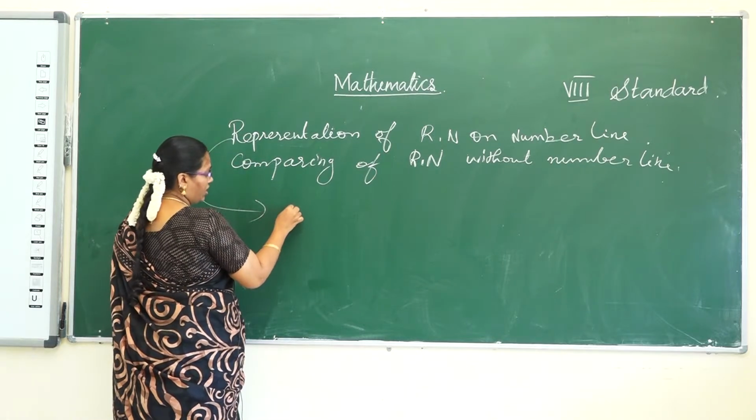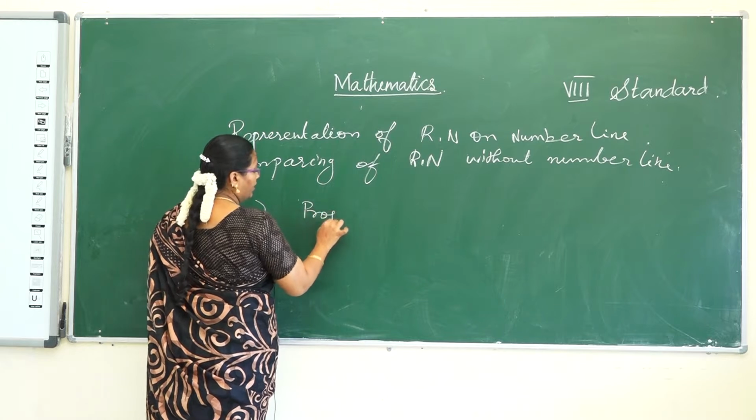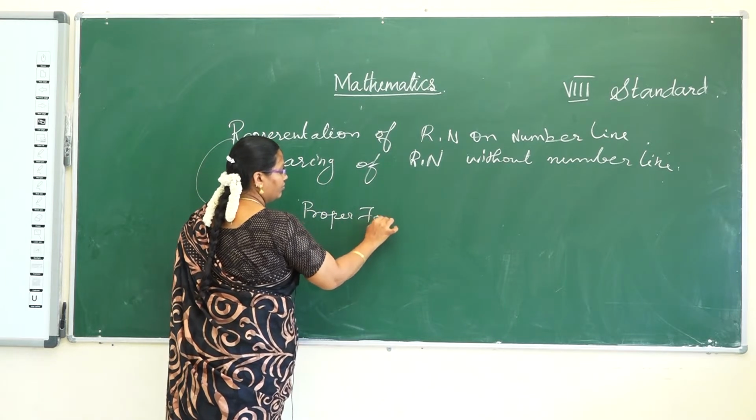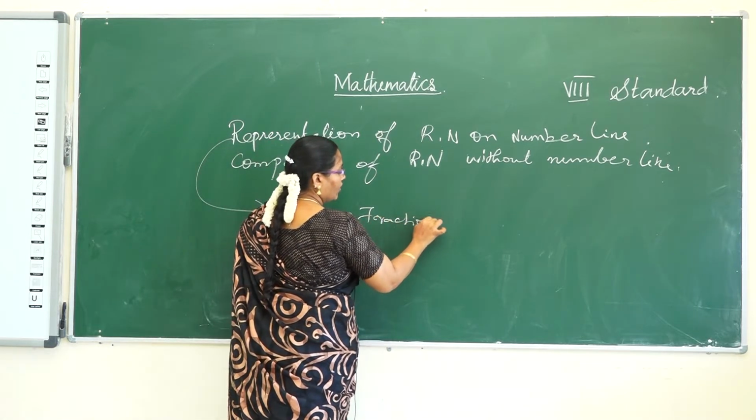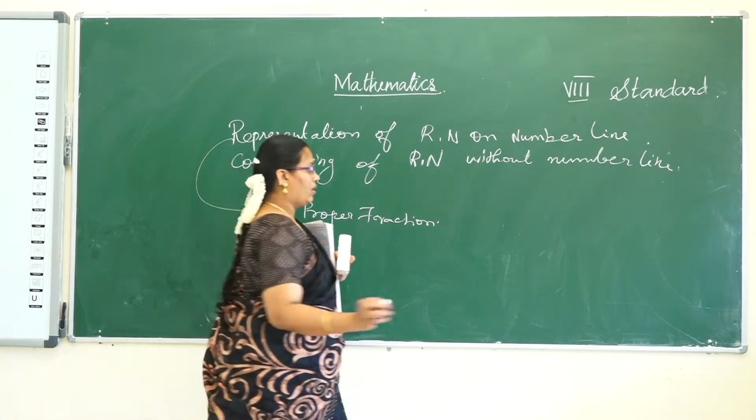If the given rational number is a proper fraction, the fraction lies between 0 and 1.